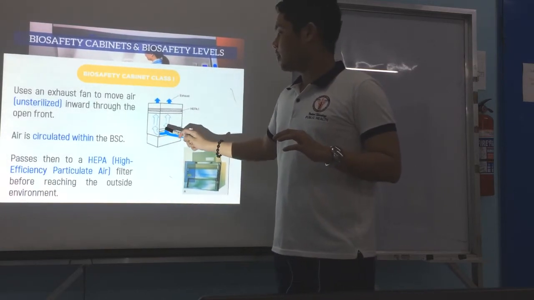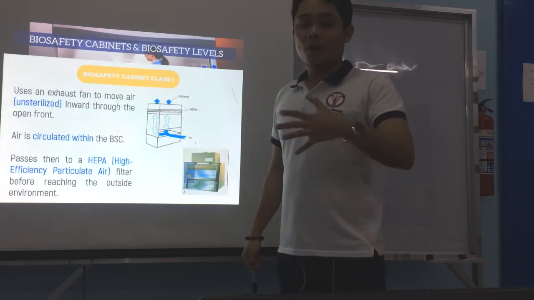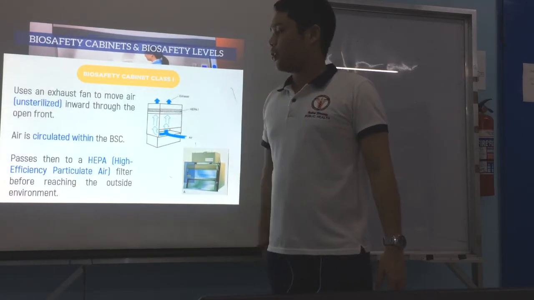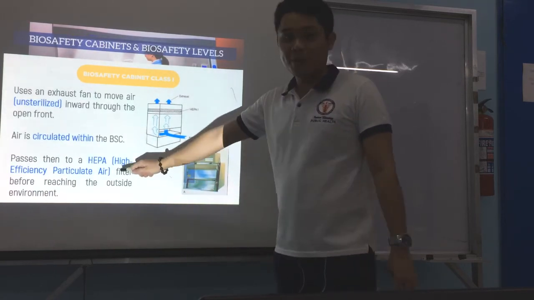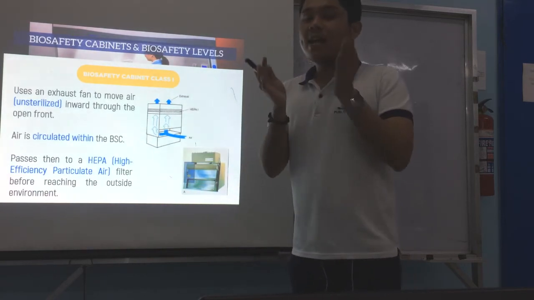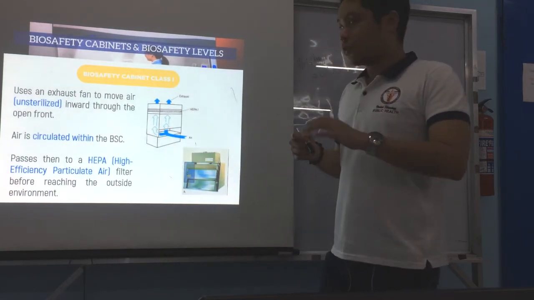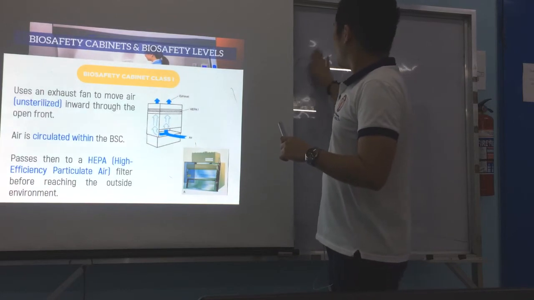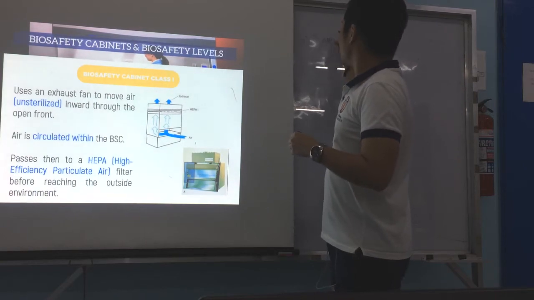The air enters, and only later is it filtered or sterilized using a HEPA filter. What's the meaning of HEPA? High efficiency particulate air filter. A HEPA filter can also be found in your N95 masks. Your HEPA filter filters organisms that are greater than 0.3 micrometers.